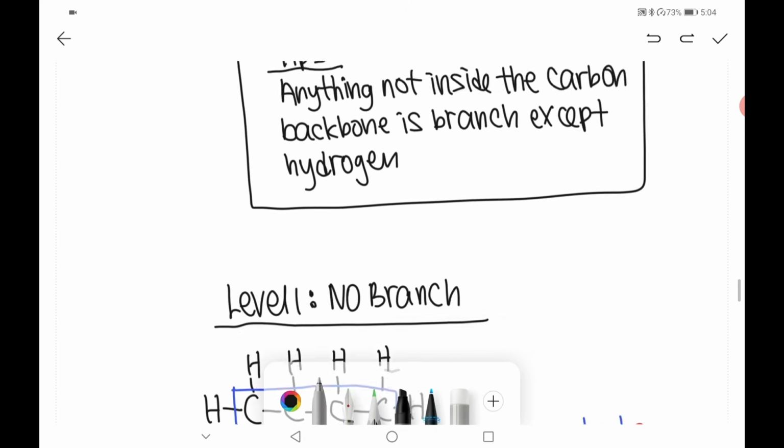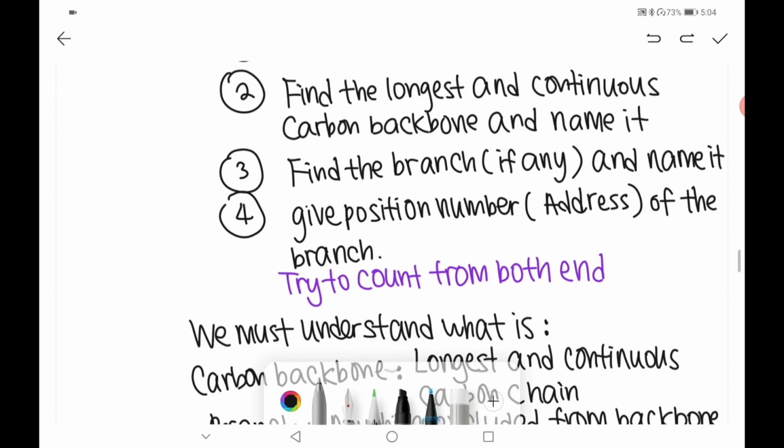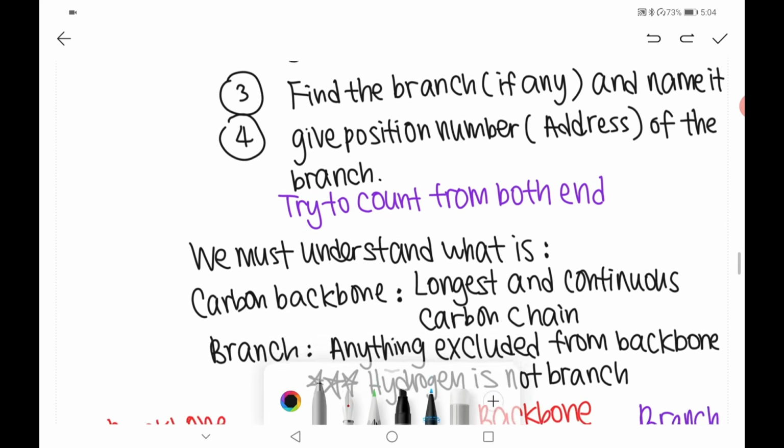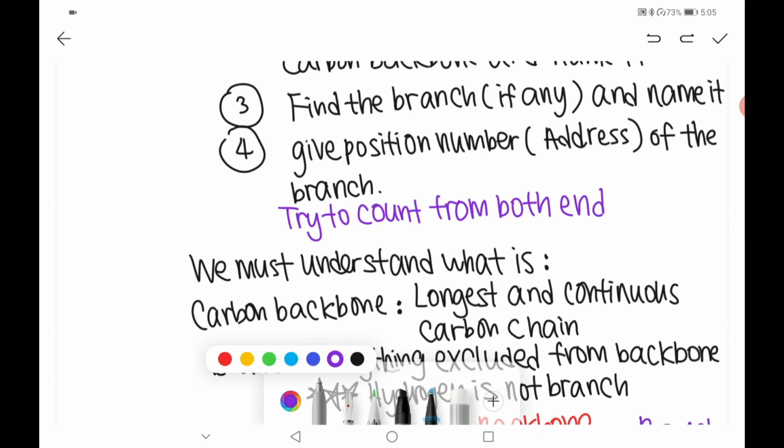So let's go back to here and look at the strategy. When we give the position number, you must try to count from both ends, left to the right and right to the left, and then you always choose the smallest number.